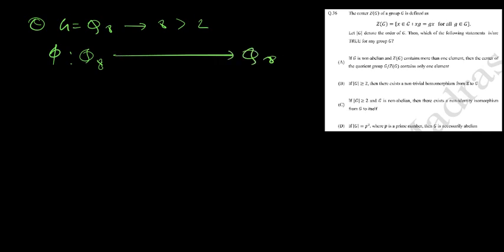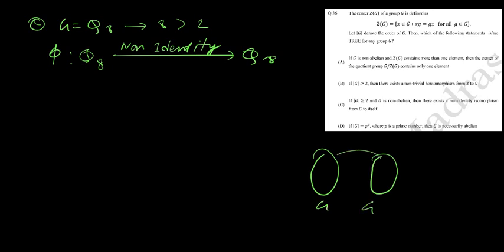Non-identity means, suppose from G to G there is a function phi. Suppose the elements in G are minus 1 and 1.